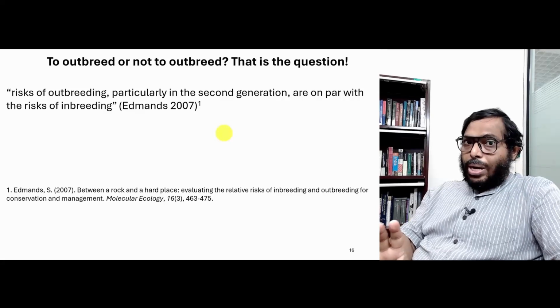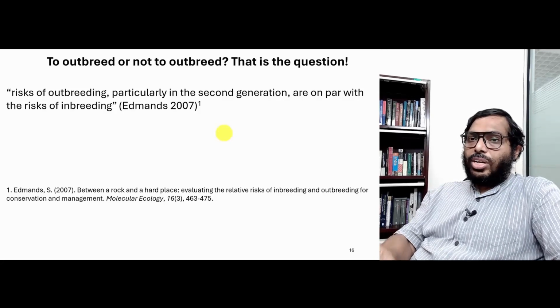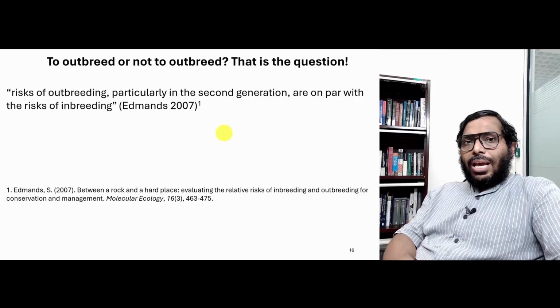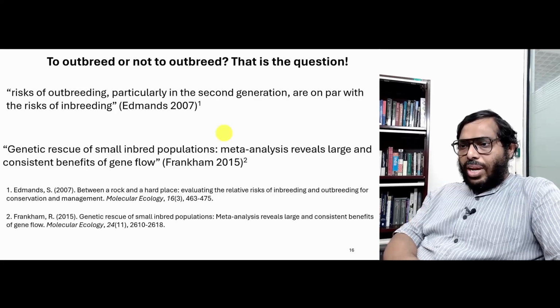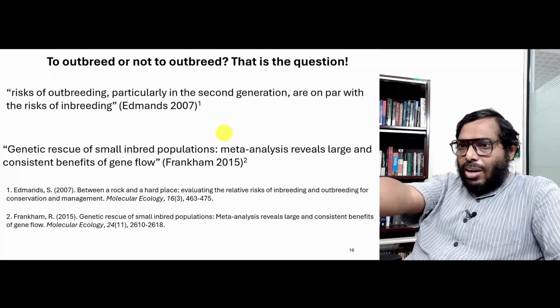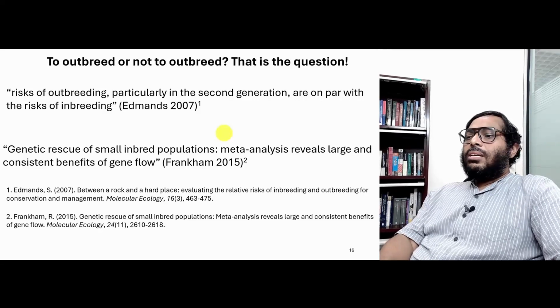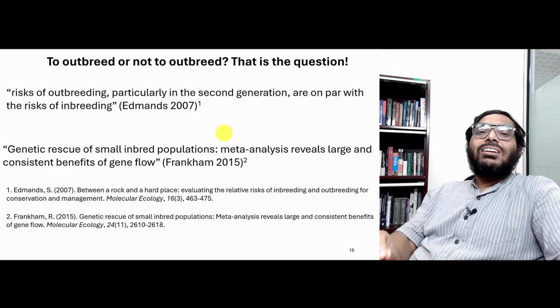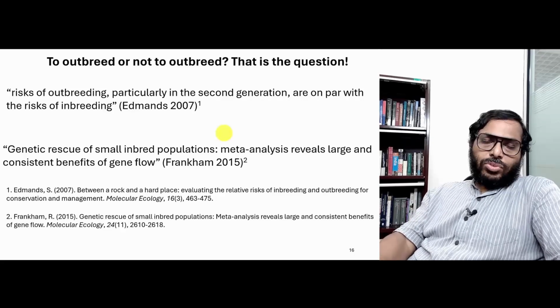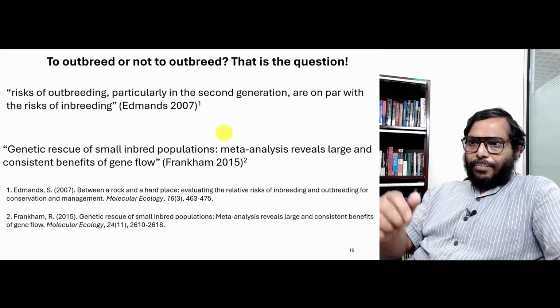So, you better not outbreed until and unless you are very, very sure. However, there is another review in 2015, and here I am giving you the title of the review itself, which says: genetic rescue of small inbred populations, meta-analysis reveals large and consistent benefits of gene flow, which basically means please outbreed.